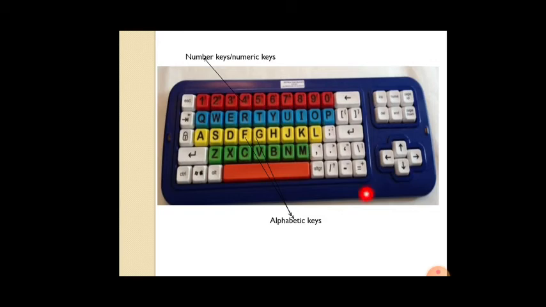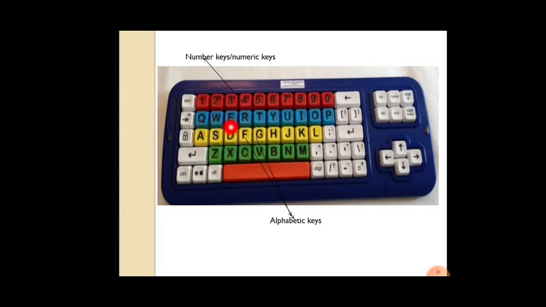Here I have shown the number keys. This whole thing forms the numeric keys. You should not write 4 here. The whole row from 0 to 9 forms the numeric keys. And all these are alphabetic keys. Can you see the alphabets here?